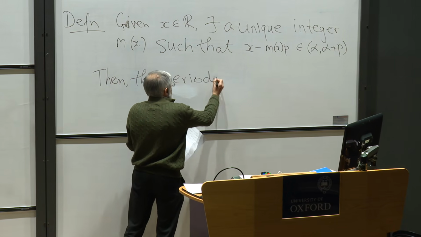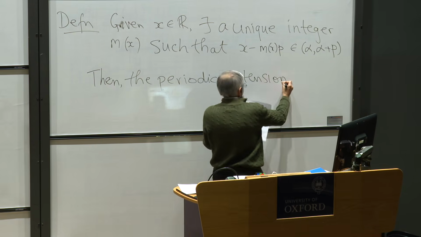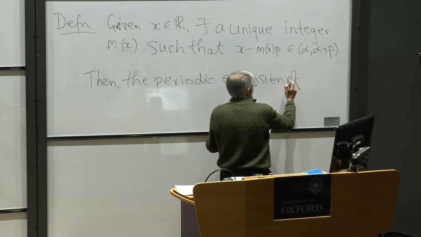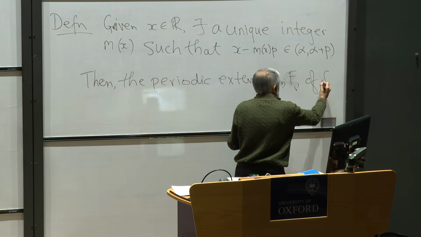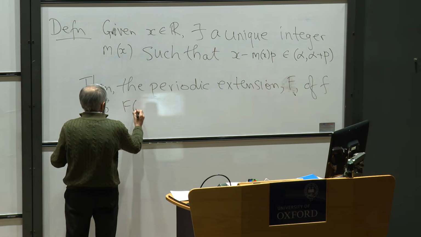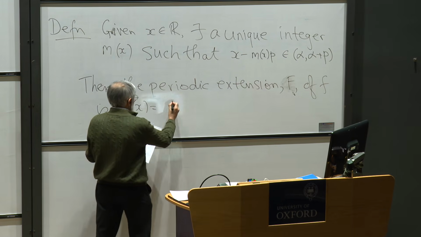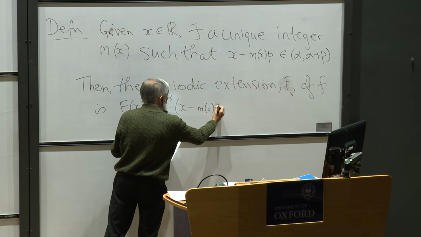So then the definition of the periodic extension, big F of little f, is F of x equals f of x minus m of x p.